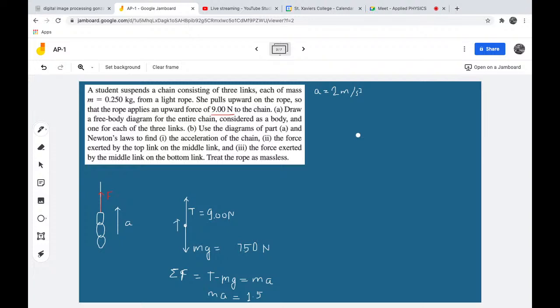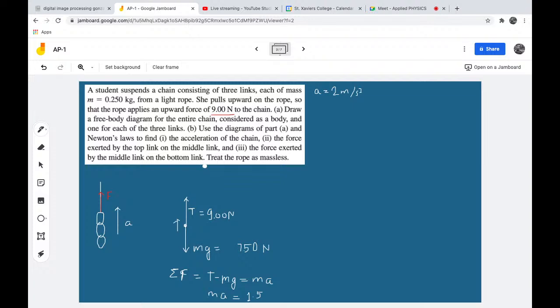Now, what next? This was the A part solved. Look at the B part. Use the diagram of part A and Newton's laws to find the acceleration we have found. The force exerted by the top link on the middle link and the force exerted by the middle link and the bottom link.